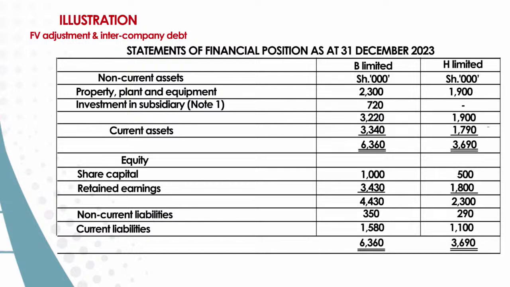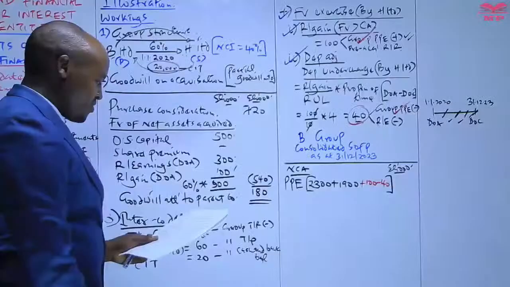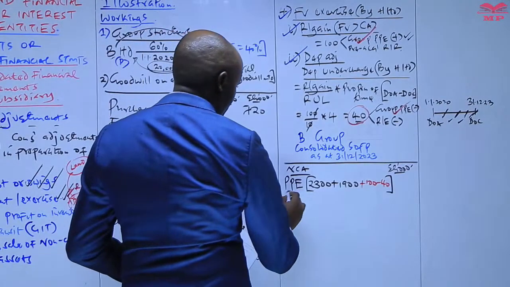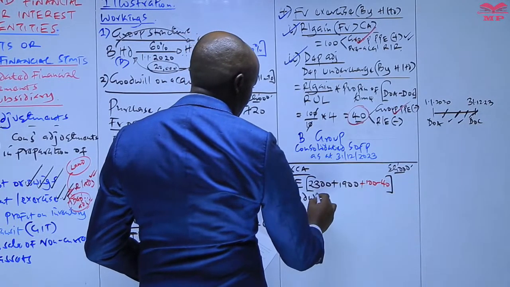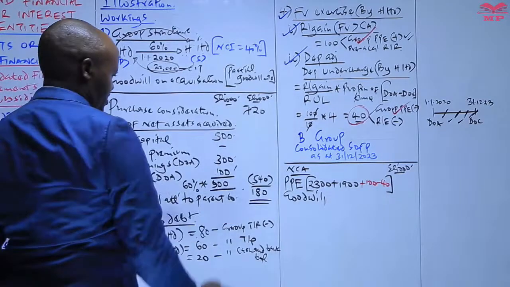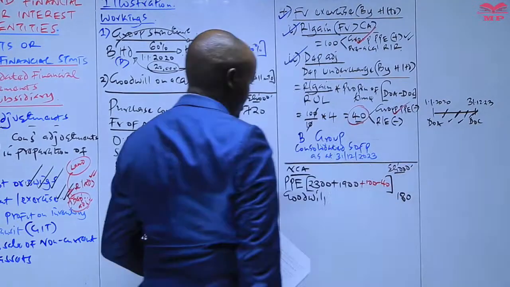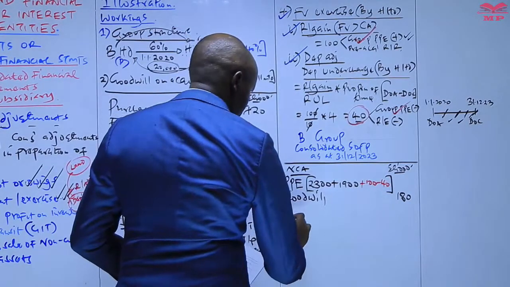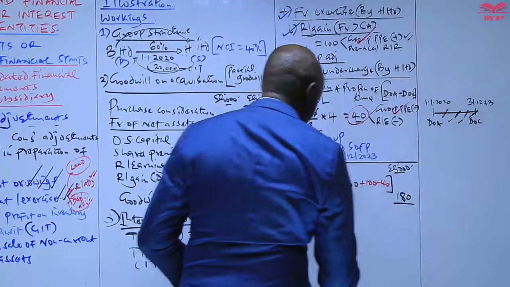That investment in the subsidiary is the purchase consideration paid by the parent company in acquiring 60% shareholding in the subsidiary. We don't include it here. What we include here is the goodwill arising from acquisition, which we have here. That is a figure of 180. And then from there we will get the total.